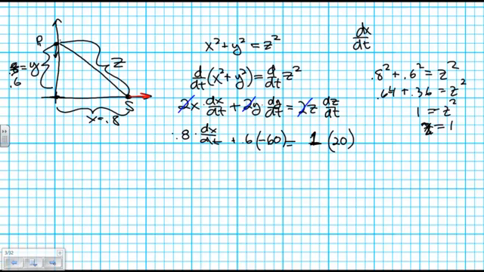Alright, so there we go. There's a 1 for our z, and now we have enough information to solve for the velocity of the speeding car. Let's see if I can do this. 0.8 dx/dt. This is going to be negative, probably like negative 36. Check my algebra, please. All right, let's add 36 to both sides, and I get 56 is equal to 0.8 times dx/dt.